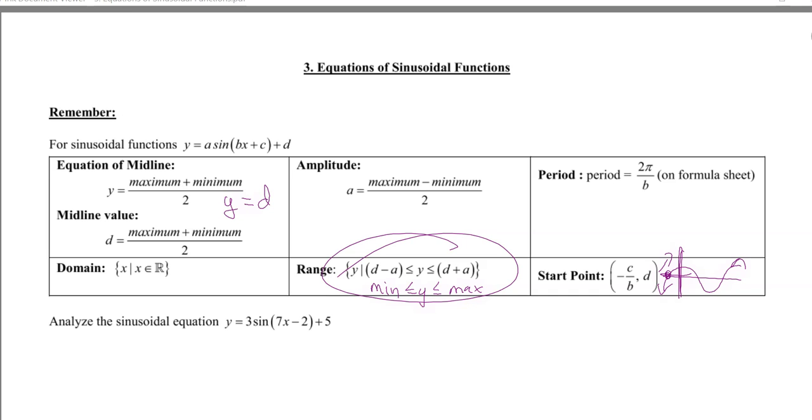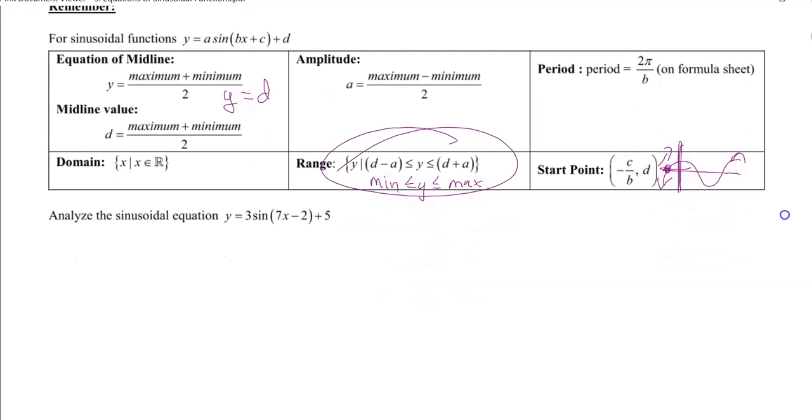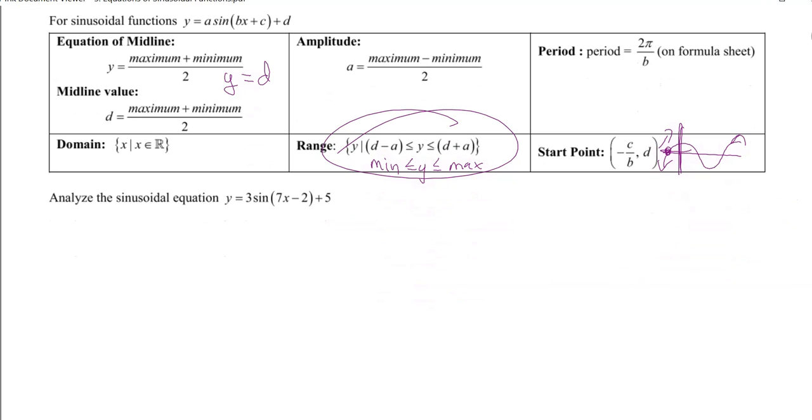So let's analyze this equation. Given the equation y equals 3 sine of 7x minus 2, plus 5, what can we say? Let's start with the easy stuff, the midline. What's the midline?